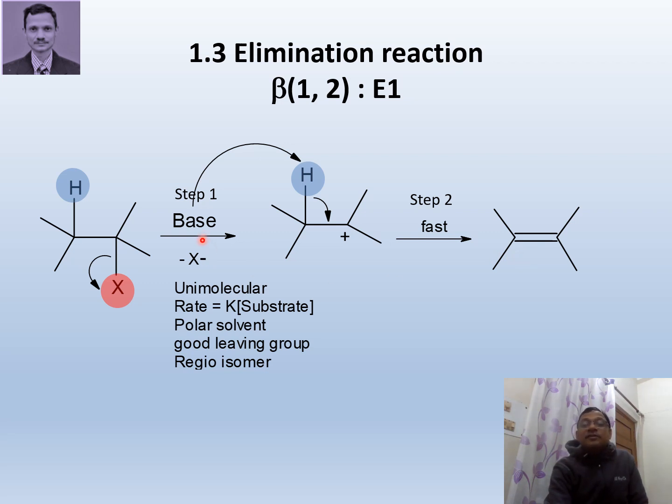So the first step is the slow step, the rate determining step, and this reaction is unimolecular. The rate of reaction depends upon the substrate, and polar solvent increases the rate of reaction because the carbocation is stabilized in polar solvent.